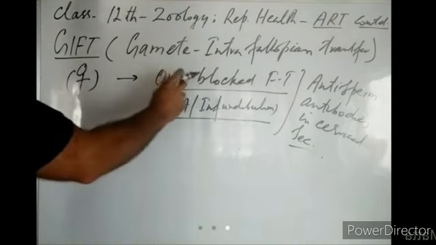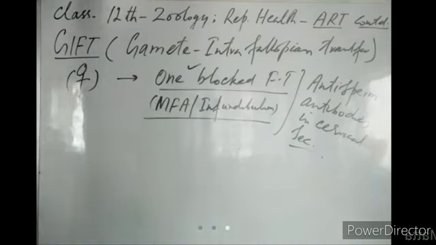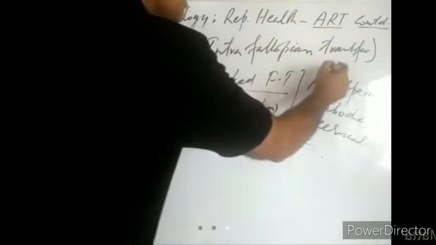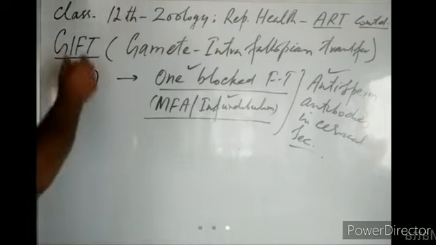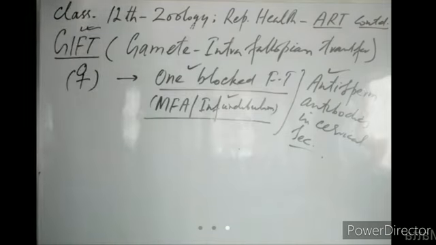So if a female has a blocked fallopian tube, a structural abnormality in the fallopian tubes, or anti-sperm antibodies in cervical secretion, these conditions make her infertile. To solve this problem of infertility, the gamete intrafallopian transfer technique is used.